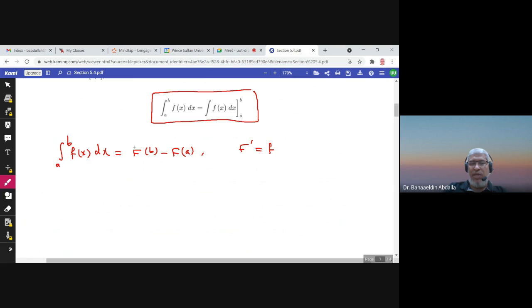So capital F here, I can write it as capital F of x from a to b, or capital F can be written as the indefinite integral of f of x dx from a to b. Okay, so this is the proof, the relation between the definite integral and the indefinite integral.